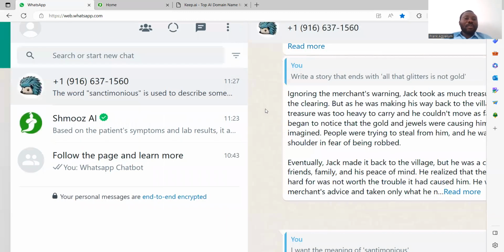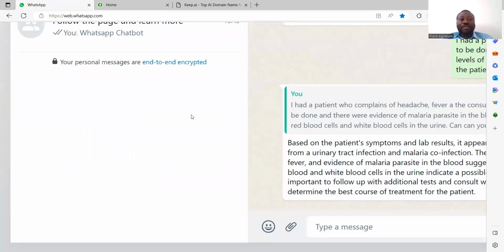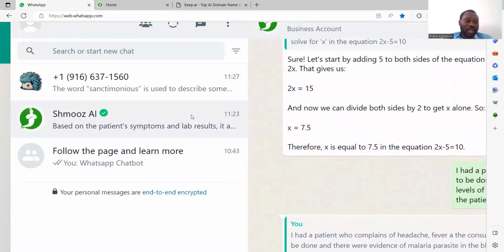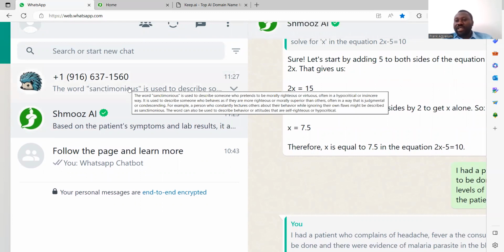Now, one thing is that you can give this chatbot a multiple choice question for educational purposes. You have answers, you want it to choose the right one for you. You can do it. It can solve simultaneous equations. It can solve differentiation and integration.